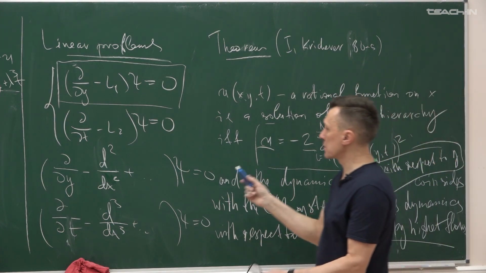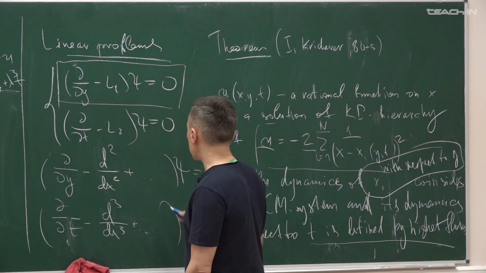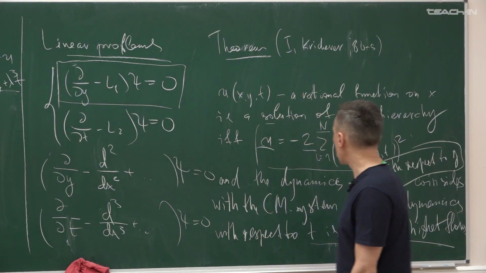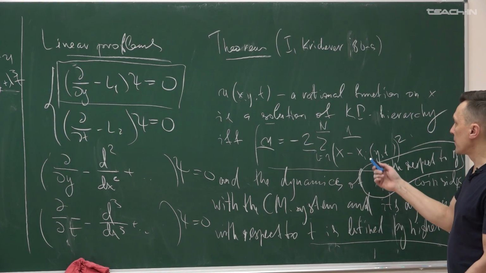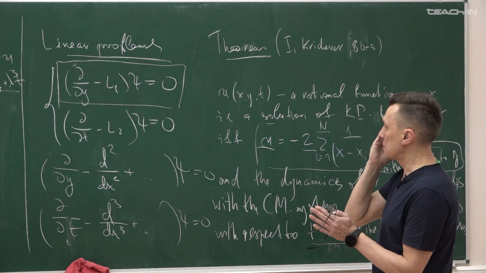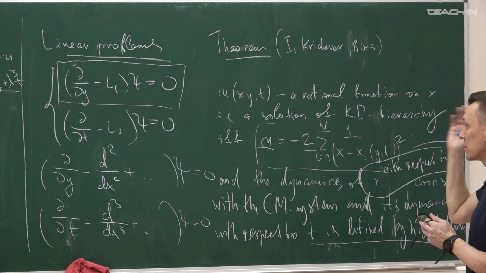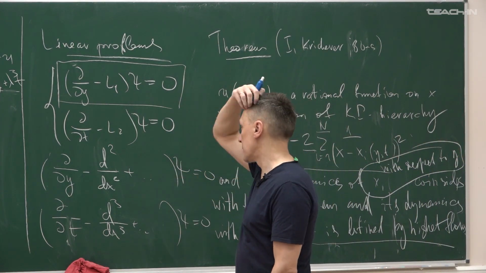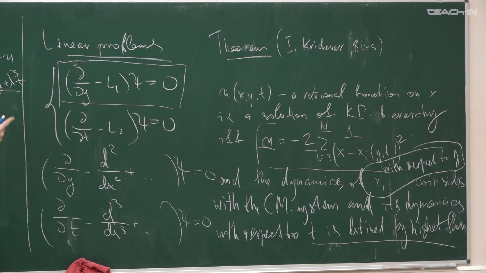It is just because of this second order derivation on X. Okay, so the analytic form of this function, the ansatz for the function psi and for the function u, are prescribed by the differential equation.